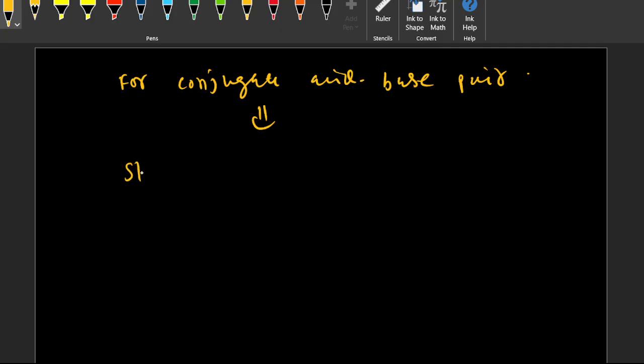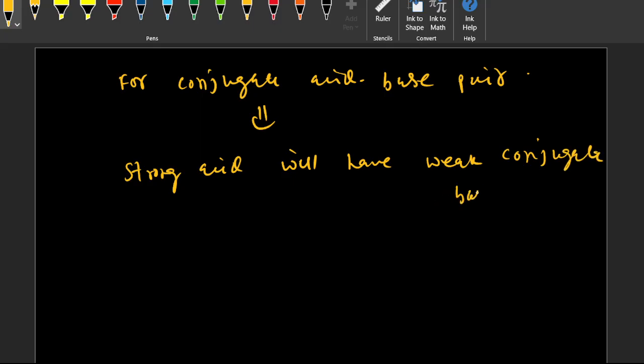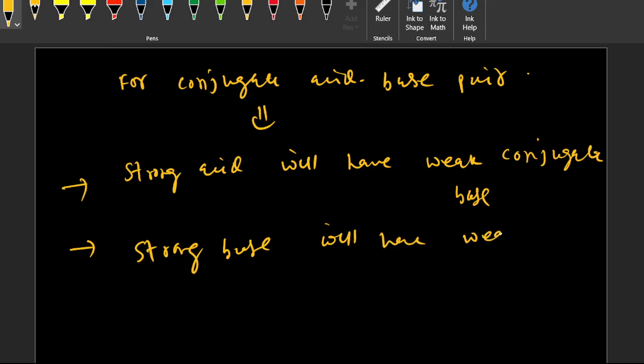A strong acid will have a weak conjugate base, and a strong base will have a weak conjugate acid.